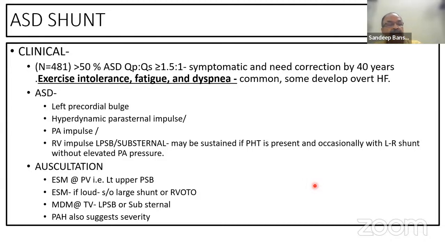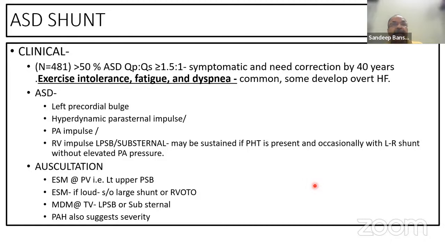So typically we have an ejection systolic murmur across the pulmonary valve, at the left upper parasternal border. If the ejection systolic murmur is present across the pulmonary valve, then this is suggestive of a large shunt. If it is loud, it suggests that there is an obstruction across the right ventricular outflow tract.